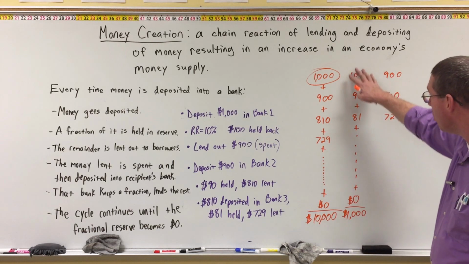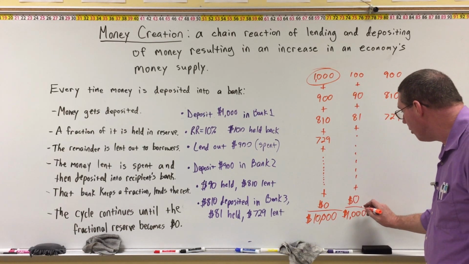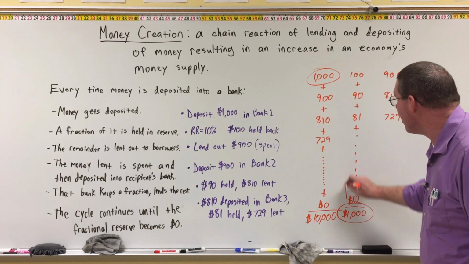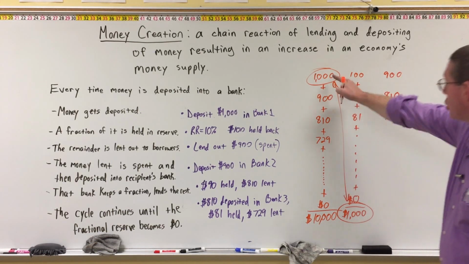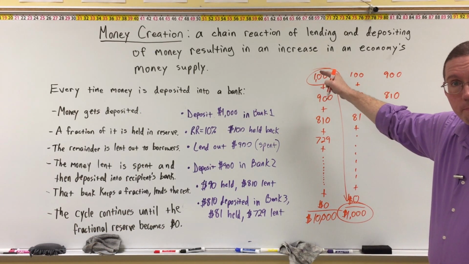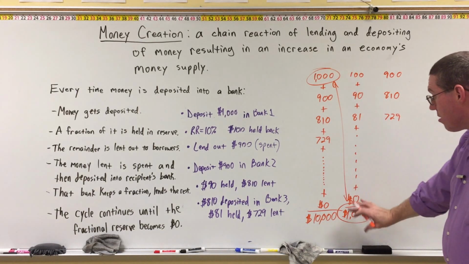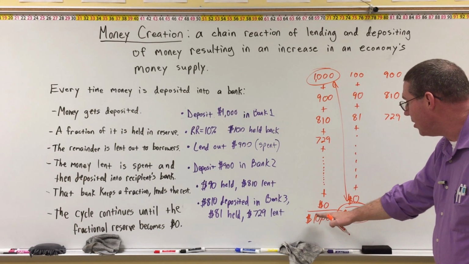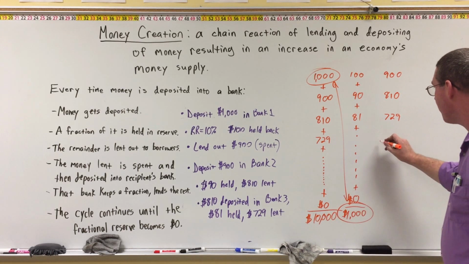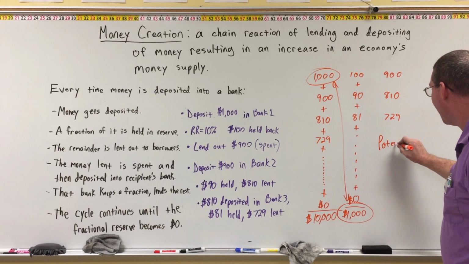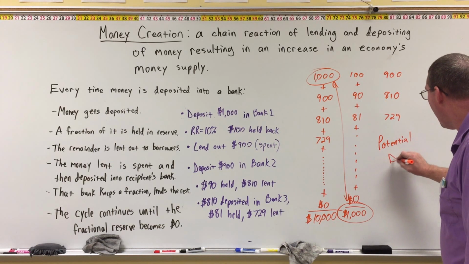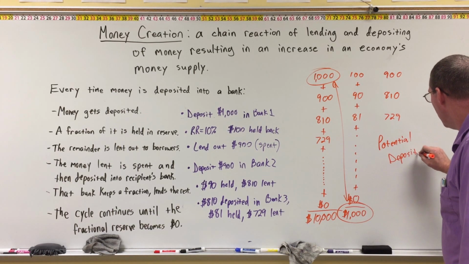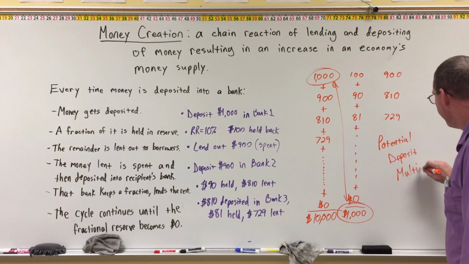And so the total amount of money being held in reserve is equal to the initial deposit. And this is not by accident. And the reason I know that this is going to be $10,000 is because of a concept called the potential deposit multiplier.